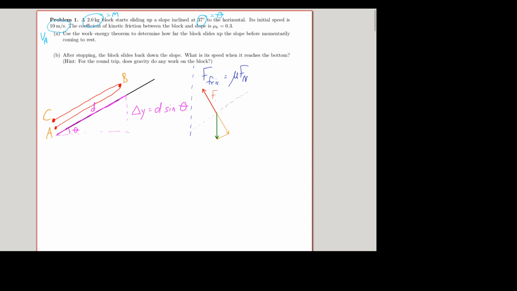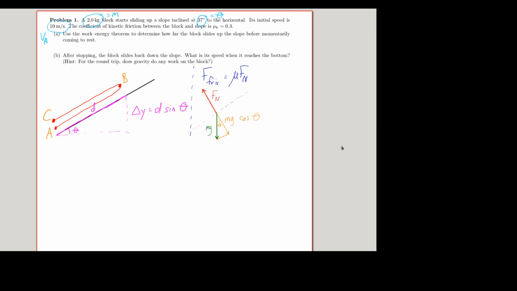Let me label those things I've drawn. That's the normal force. That's the weight force. This one that I want is going to be mg cosine theta. And since this doesn't move into or out of the slope, I know that the acceleration in the direction perpendicular to the slope is 0.